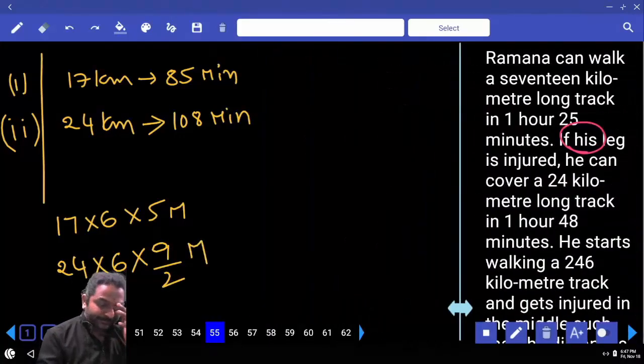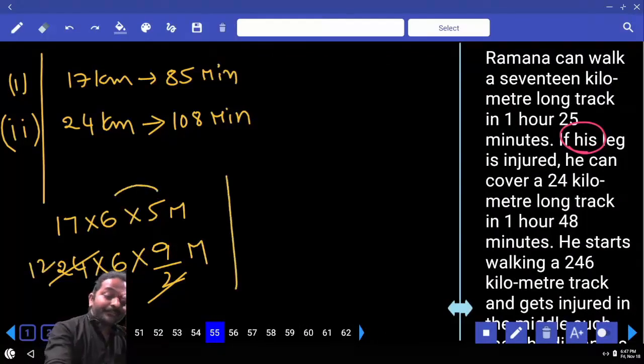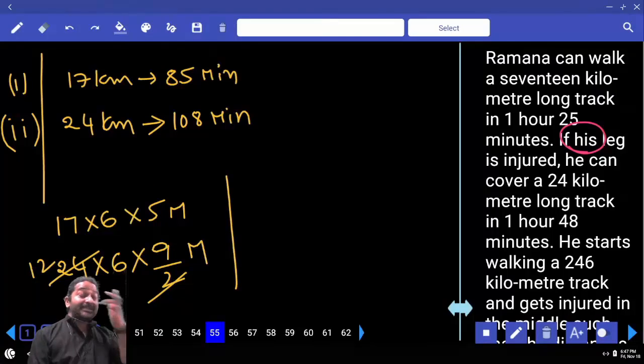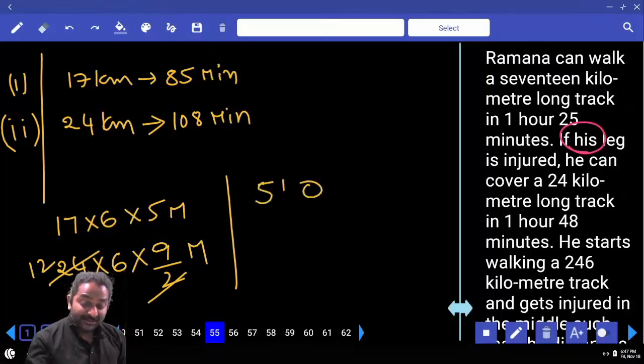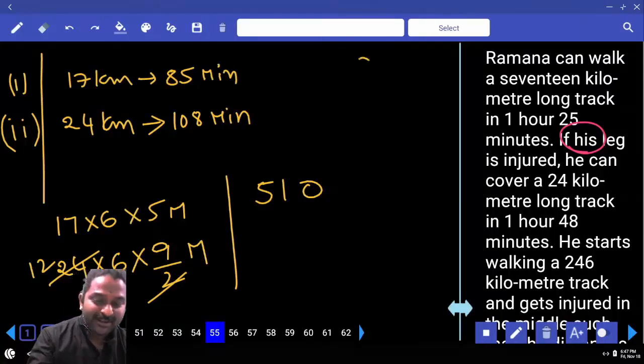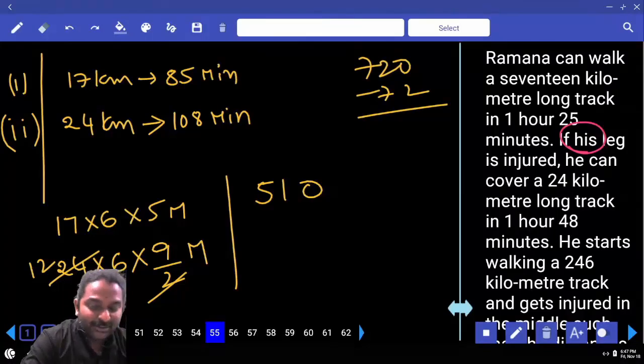Correct? 12 times 6 into 5? 30 into 17. 17 threes, 51. 12 into 6, 72. 9 times means 10 times minus 1 time only. Instead of 72, you subtract 100, add 28. Then it is 648. Correct?